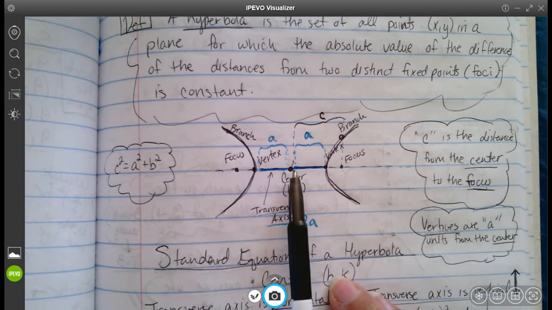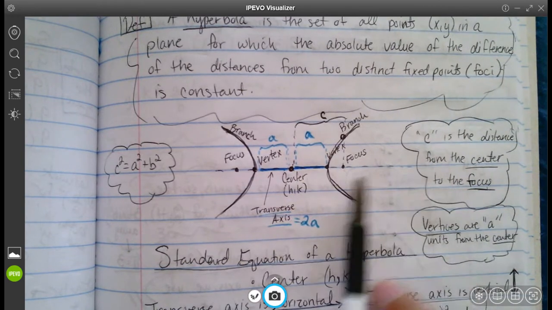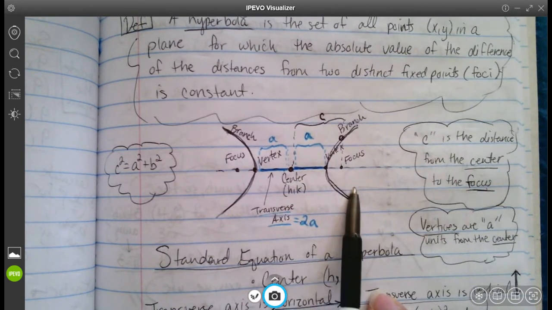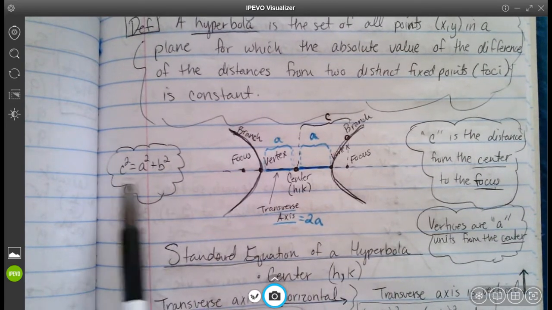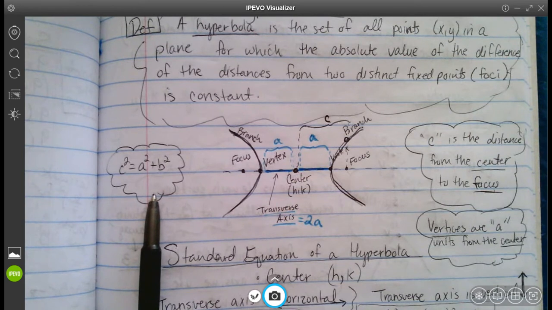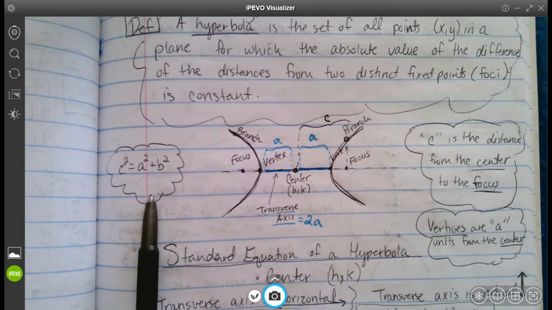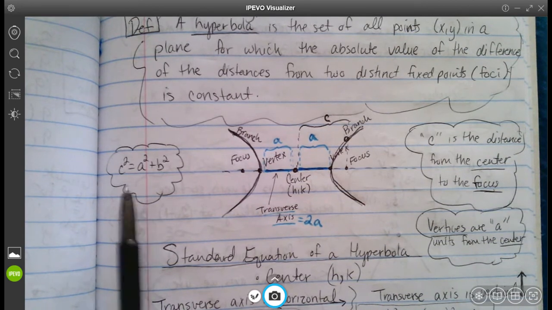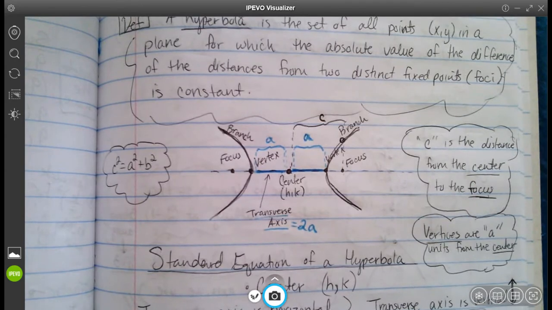Okay, and there is a b value, but we'll talk about the b value in just a bit with one of the examples. Just like I mentioned, c is the distance from the center to the focus, and the vertices are a units from the center. We also have this c squared is equal to a squared plus b squared, just like the Pythagorean theorem, right? And there is a relationship between that, by the way, but we won't talk about that in this video, just because we are going to need c and b for other parts of this, okay?